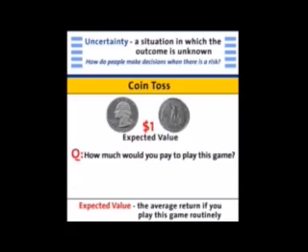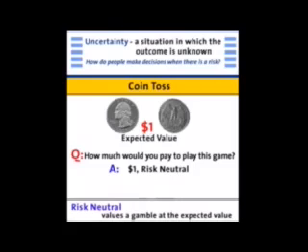Well, some of you might be willing to pay $1 to play the game. In that case, you are what we call risk neutral. A risk-neutral agent values a gamble at its expected value. You're the people who would pay me $1 to play the coin toss game. Some of you might be willing to pay me even more than $1, maybe $1.05 or $1.25 to play this game.